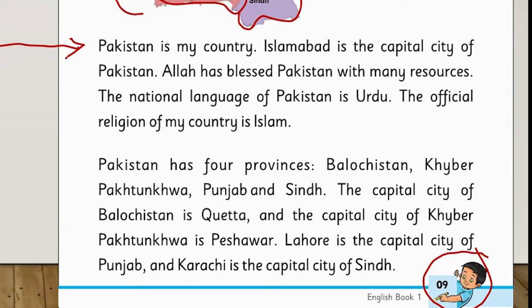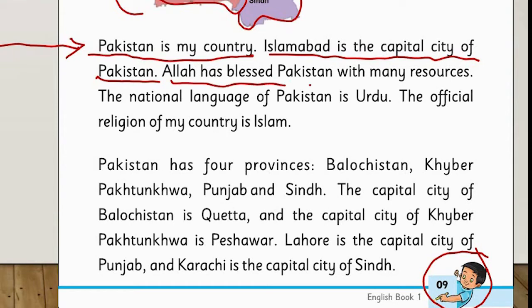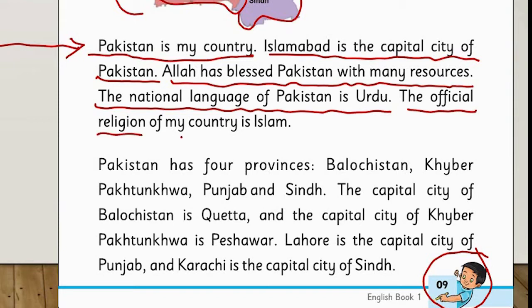Pakistan is my country. Islamabad is the capital city of Pakistan. Allah has blessed Pakistan with many resources. The national language of Pakistan is Urdu. The official religion of my country is Islam.